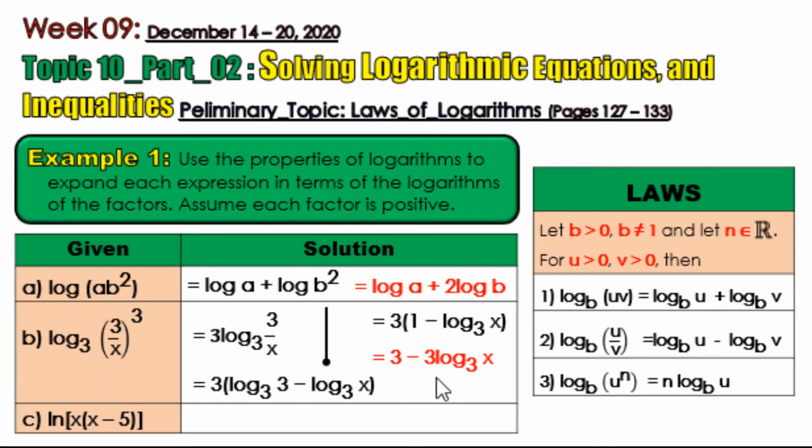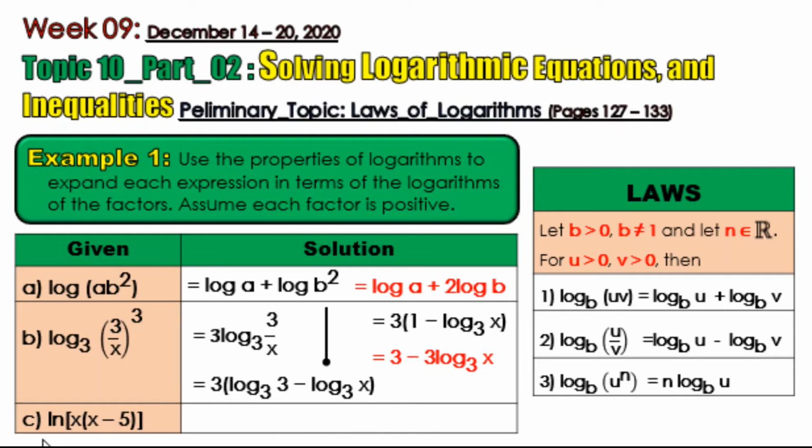Okay, so that is for example 1, letter B. Okay, so we have used the third law for the exponent, and we have used the second law for the logarithm of the quotient of the two numbers.